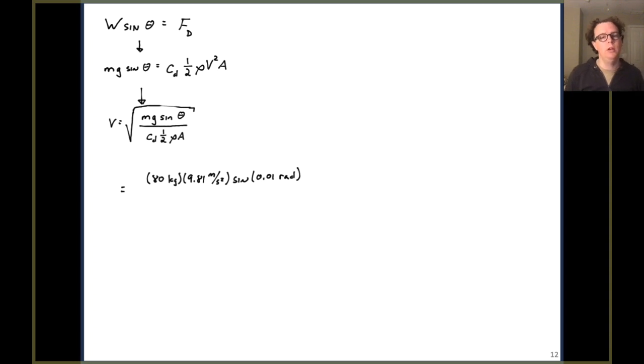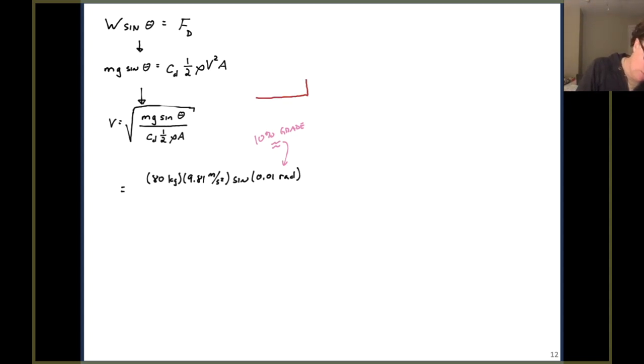So up in the numerator, we've got the mass of the rider, 80 kilograms, gravitational acceleration, 9.81 meters per second squared, and we're multiplying that by the sine of theta. Now you'll notice I plugged in a value of about 0.01 radians. A 10% grade is approximately 0.01 radians.